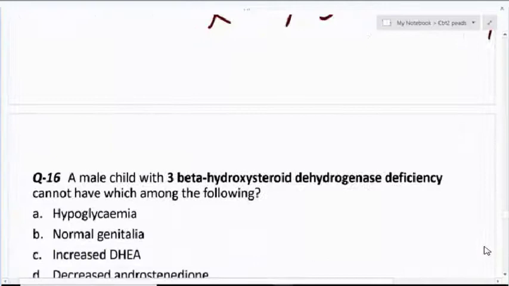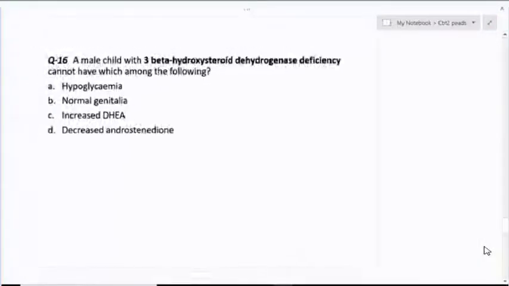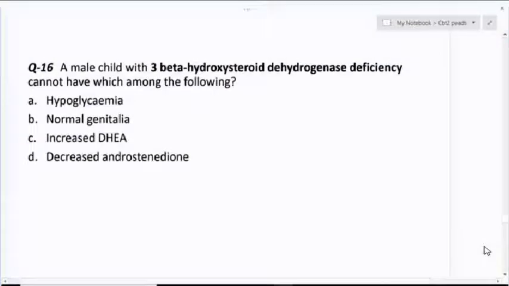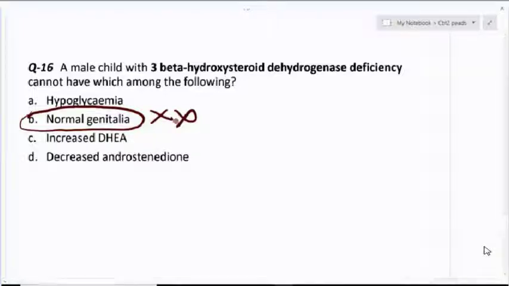Remember this. Now the next question is on a very rare type of CAH called 3-beta hydroxysteroid dehydrogenase deficiency, and they always have ambiguous genitalia. So normal genitalia is never seen in these babies. These babies will have glucocorticoid deficiency, mineralocorticoid deficiency, and abnormal genitalia.